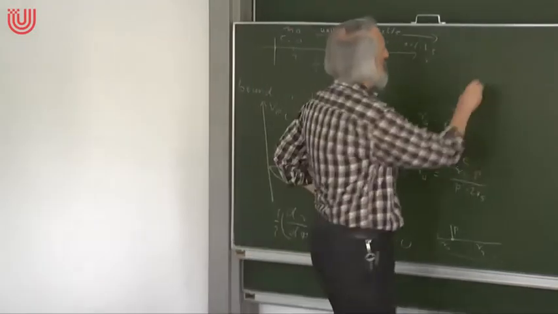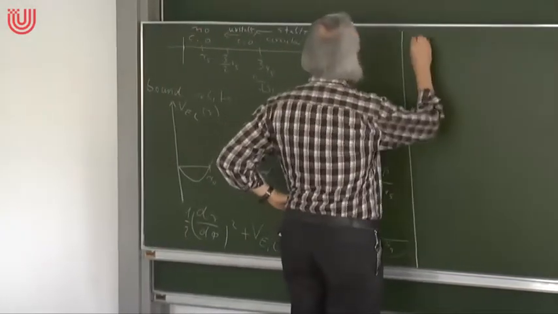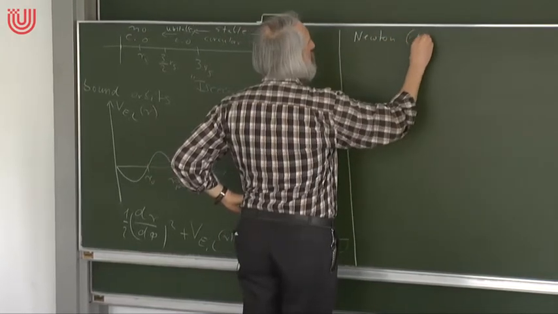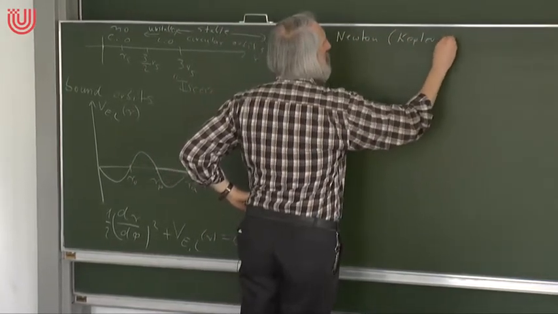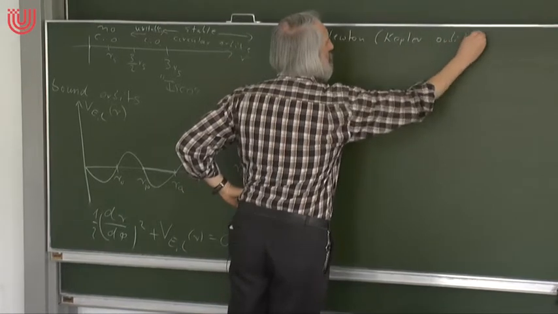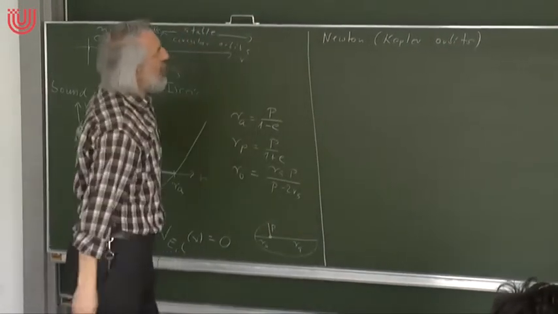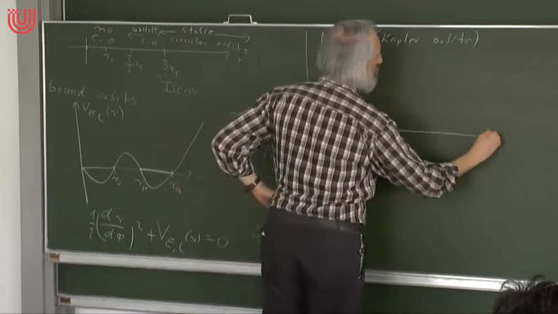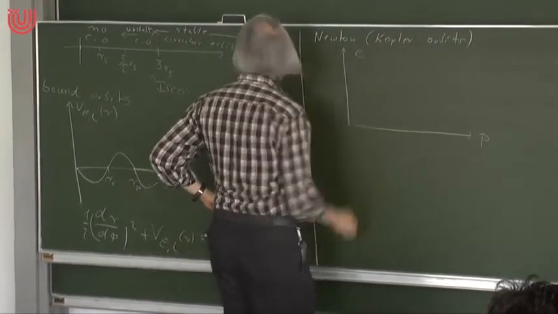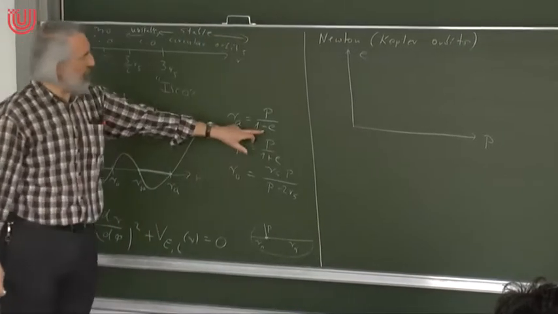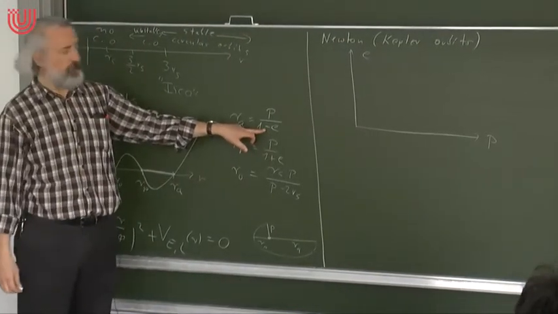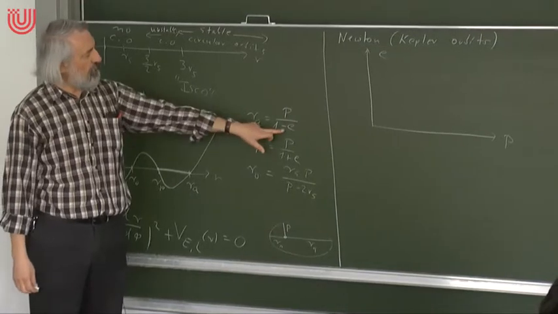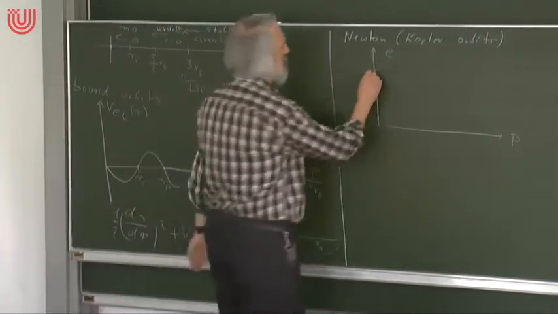Just for the sake of comparison, let's call it Newton. This means the Kepler orbits. Well, I think everybody knows what the bound orbits are in the Kepler potential. If we plot it in a p-e diagram, first of all, we observe that e, of course, must be smaller than 1. We want to have a finite apocenter, so this must be smaller than 1.